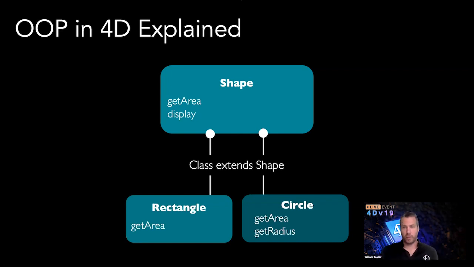Both are shapes, right? They all have the properties of a shape, but they also have additional features and properties that make them unique. So we create a rectangle class and a circle class, and both of these classes inherit characteristics from the shape class, as you can see here in this simplified object diagram.